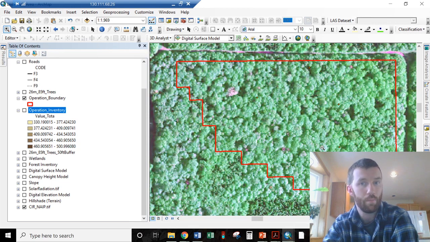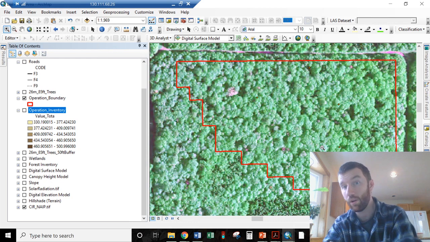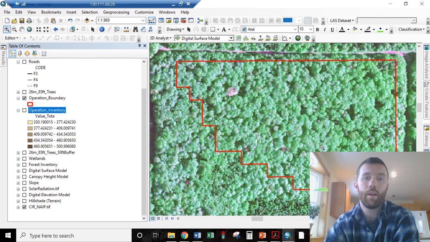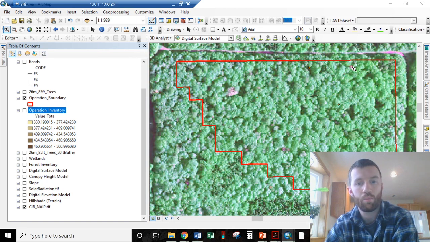Even if you were thinking about bidding on it and went out and did your own inventory, if you could only do 5 plots, you might guess low, and then you have the same problem, or guess high and have an even bigger problem. So there is sort of a forest inventory lesson and a LiDAR operational lesson 2-for-1 deal.